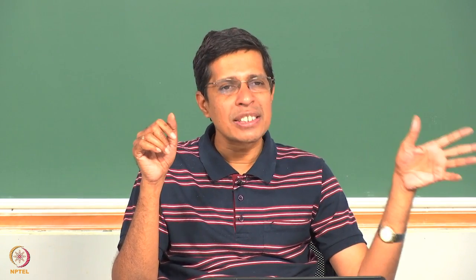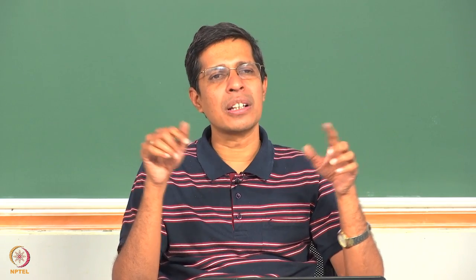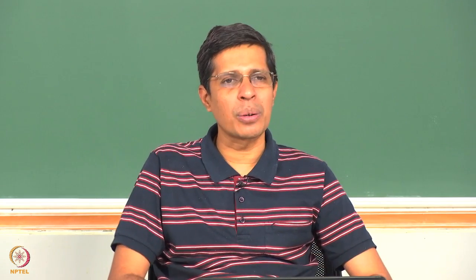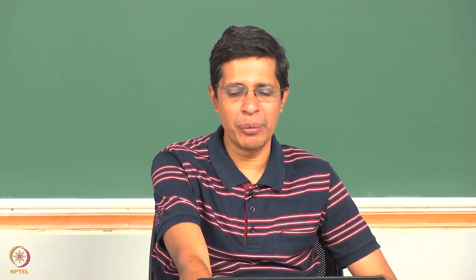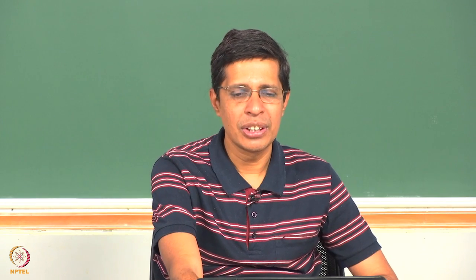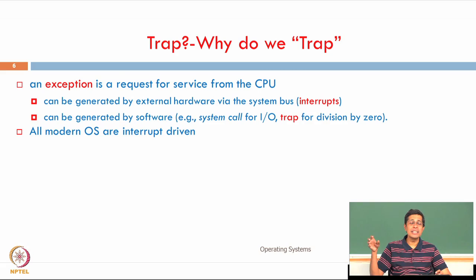Suppose a disk has finished an operation, or on the keyboard I press Control C, or on the keyboard I am just changing the slide, for example like this. These are all exceptional scenarios that are coming from outside the system, outside the CPU, created by the IO peripherals or the external hardware.